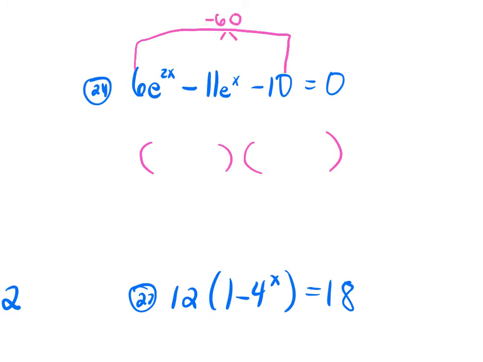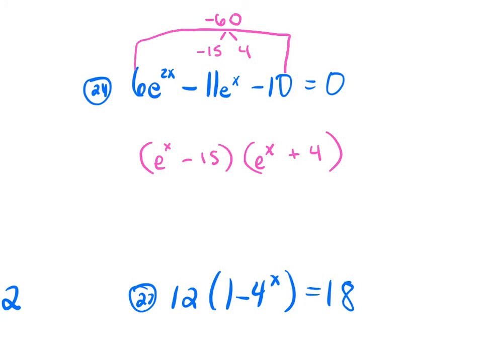Then do we have two factors of negative 60 that add to negative 11? Yes. What are they? 15 and 4. Which one's negative? The 15. Perfect. So here we have e to the x and e to the x, and this would be minus 15 and plus 4.